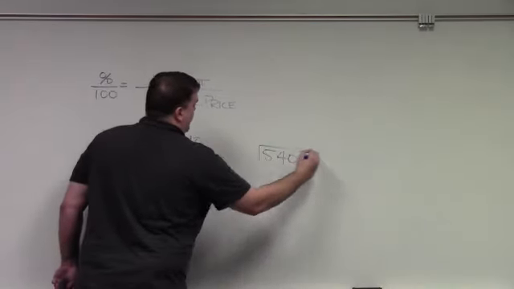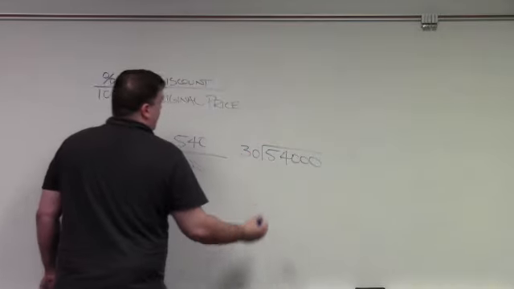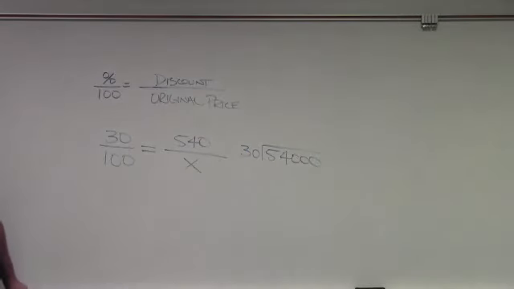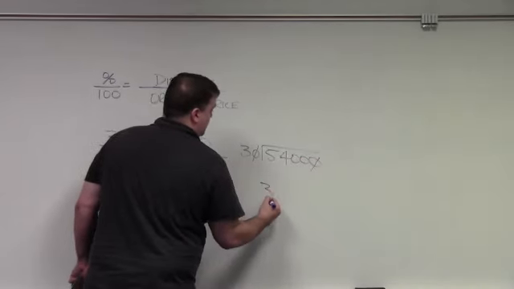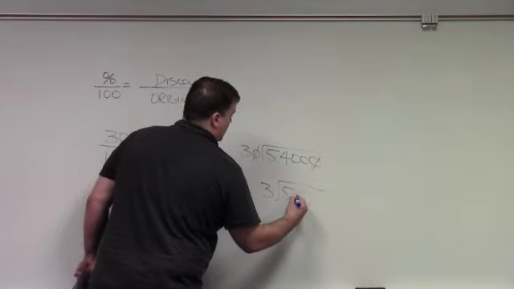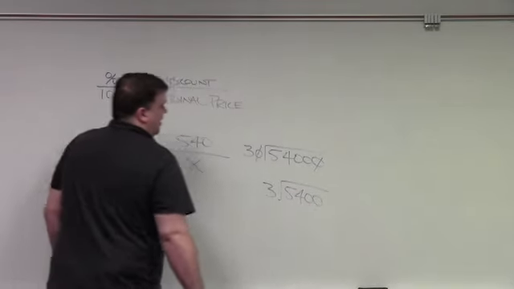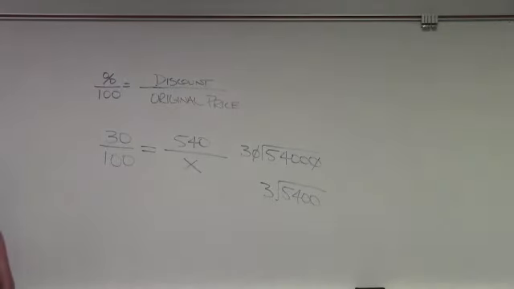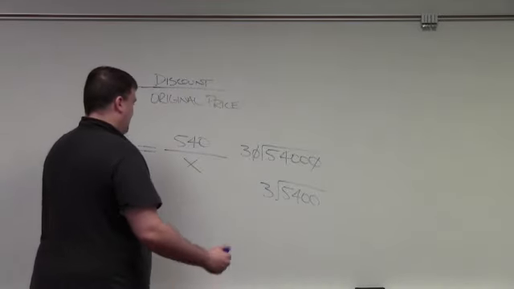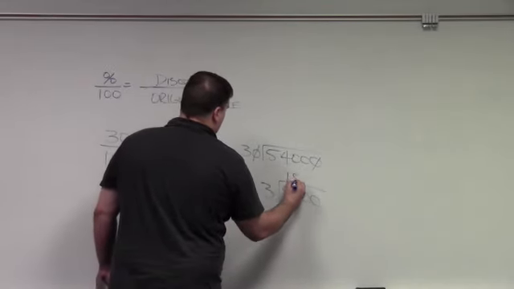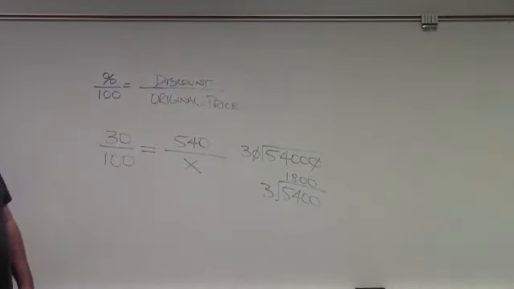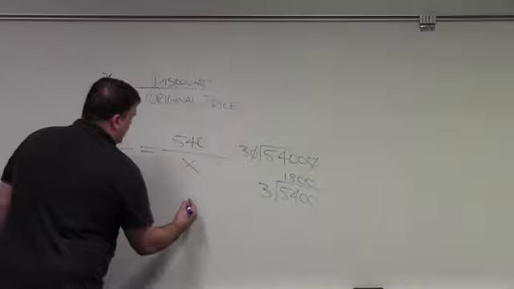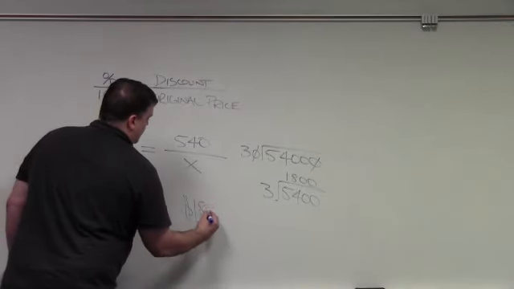Since my two numbers do end in 0, I could take off one of the zeros and then divide that by 3. That's 18. When you do divide that, you will end up getting $1,800, and that's the original price.